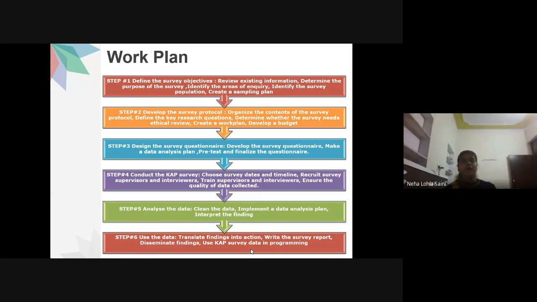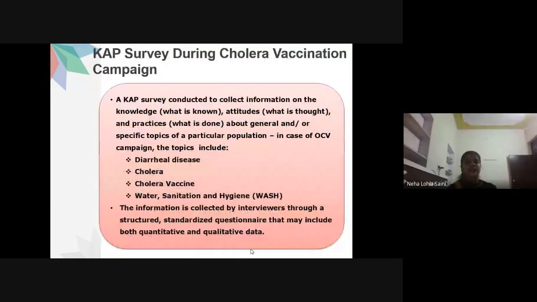Okay. So now we will focus on KAP survey. I have taken a cholera vaccination campaign. For this, a KAP survey is conducted wherein we will collect information on knowledge, that is, what is known by the population; then attitudes, what the population thinks about the topic; and practices, what is done about general or specific topics by a particular population.